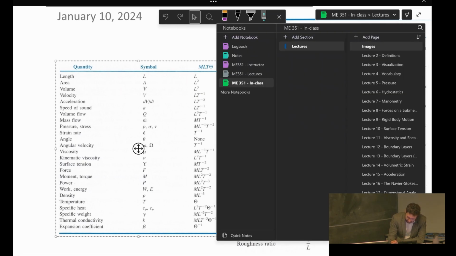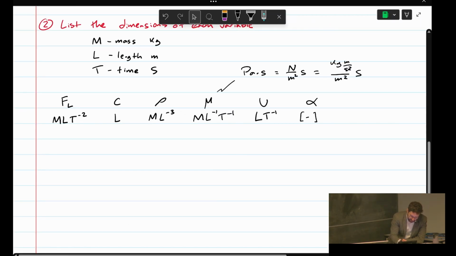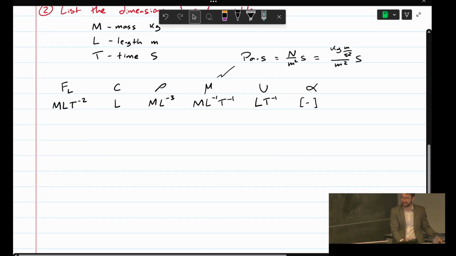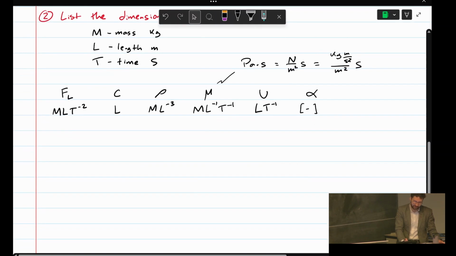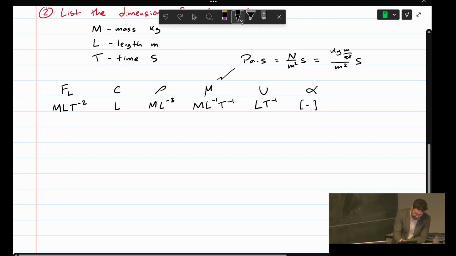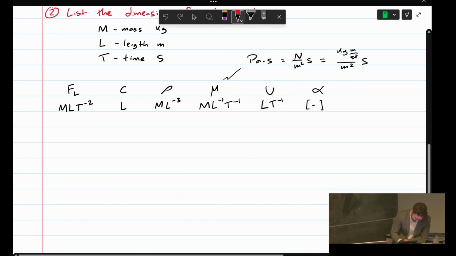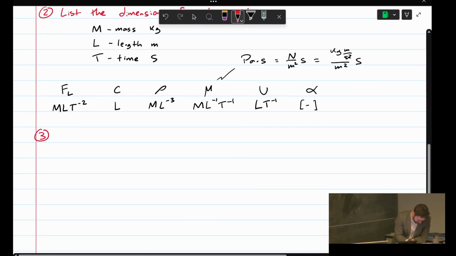if you want to check, or if you don't trust your own unit derivation here, especially for things like mu. Okay, so we've listed now the dimensions of each variable. Step 3 is find j.